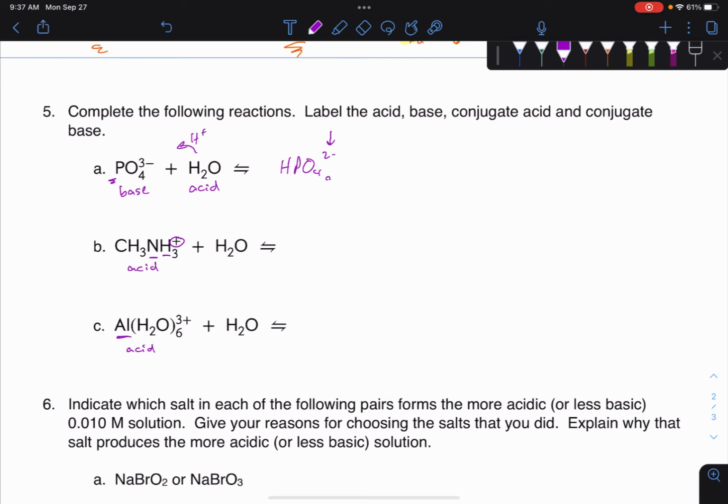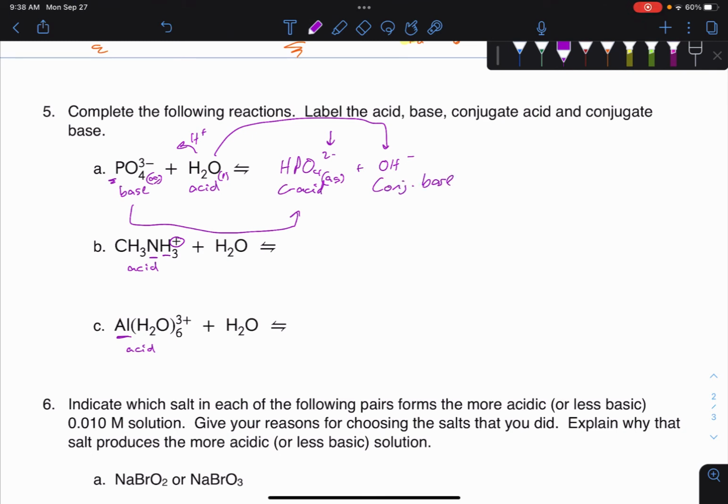And just to be technical, there are aq tags there, and an l tag for water, since it's a pure substance. And then, since it's the base, I'm going to get hydroxide forming. And now what we say is that whatever was the base forms the conjugate acid, and whatever was the acid forms the conjugate base.